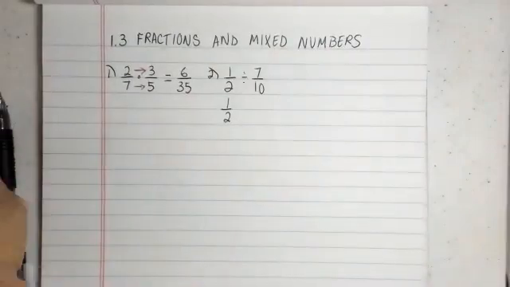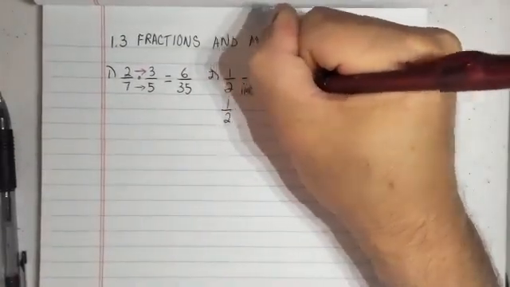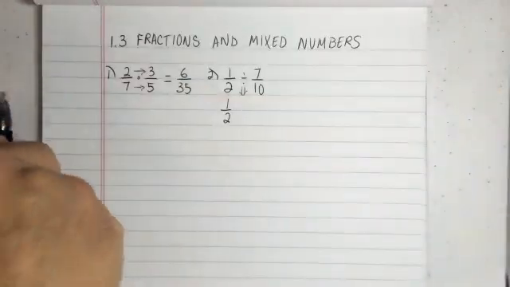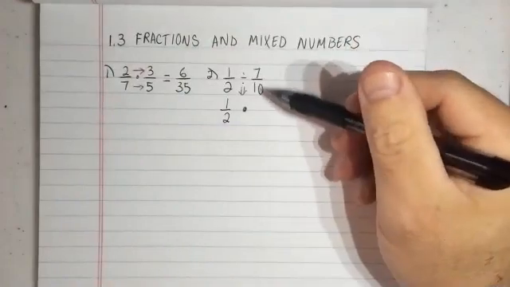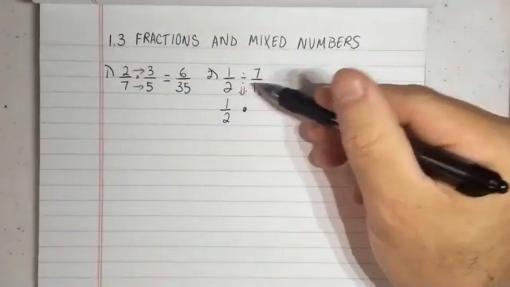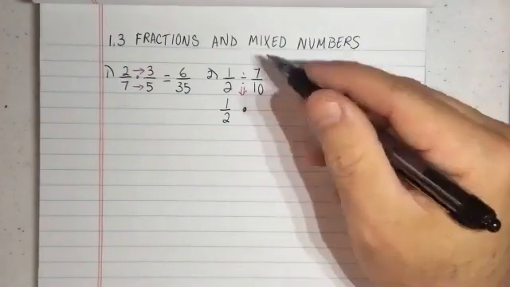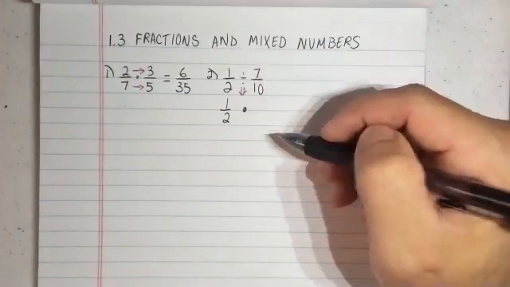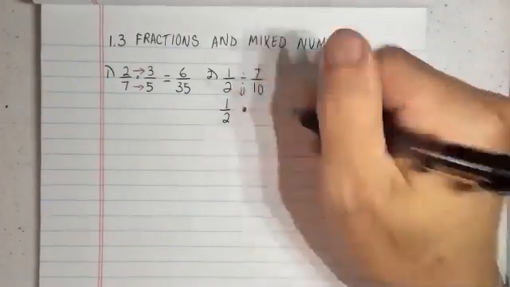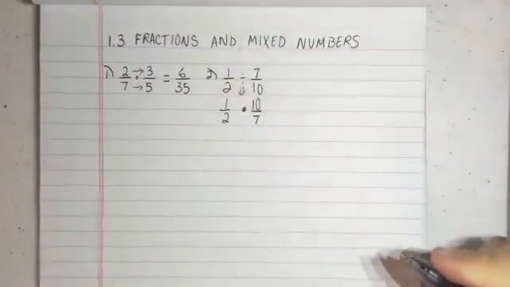You're going to change your division sign to multiplication. And then you're going to do the reciprocal of the fraction after the division sign. And what reciprocal means is you're going to flip your numerator and your denominator. So in other words, 7 over 10 is going to turn into 10 over 7.